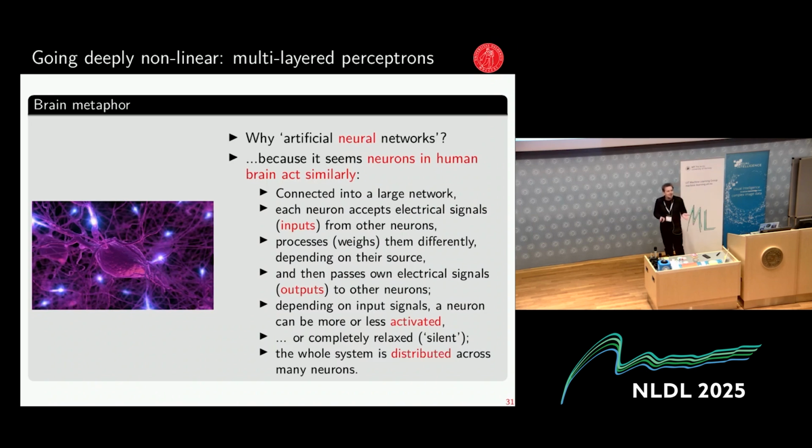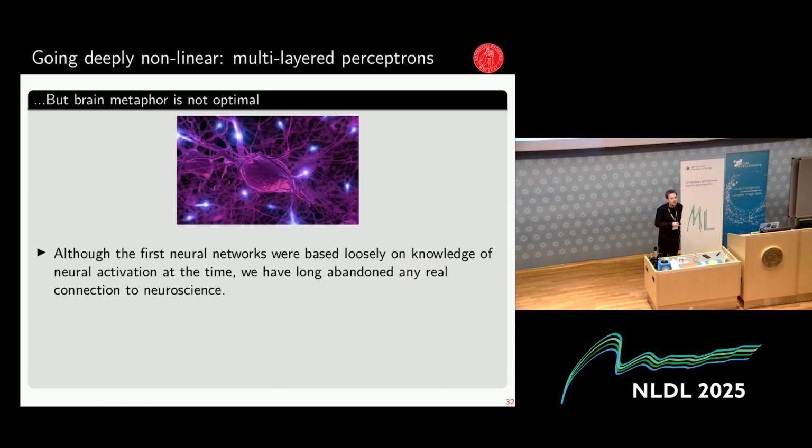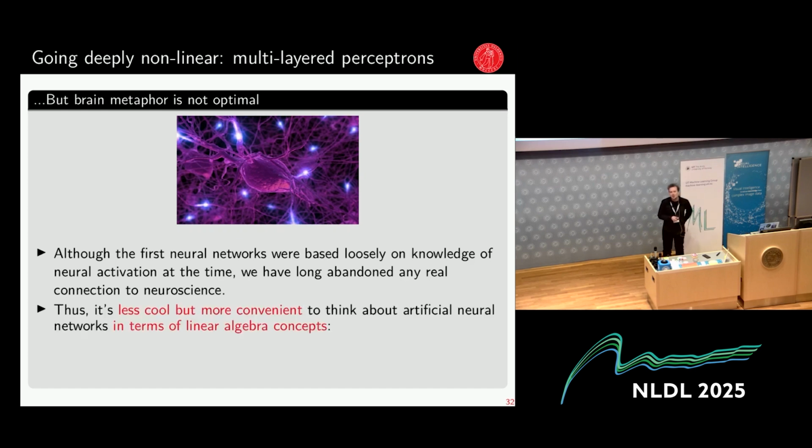And yes, the whole system is also distributed, which is also the property of modern artificial neural networks, right? So the knowledge about the task at hand is distributed across the whole system. But I'd say that although originally artificial neural networks were based a lot on our knowledge about how the human brain functions, since that time we have moved very far away from neuroscience.